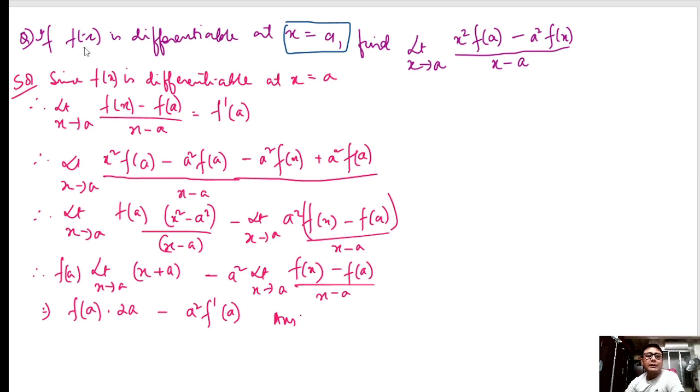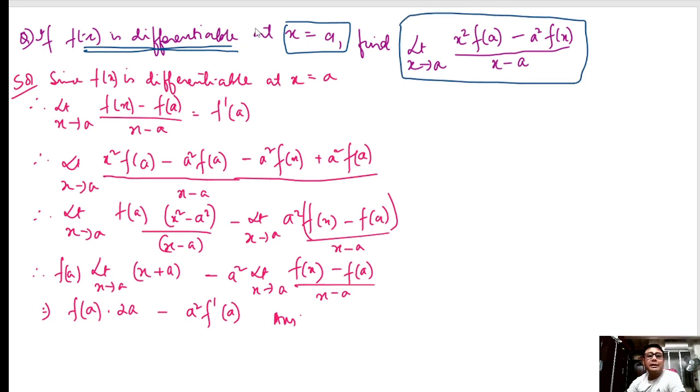If f(x) is differentiable, then we have to find the value of this. Since f(x) is differentiable, we can definitely write like this. f dash a should be written as this, isn't it?